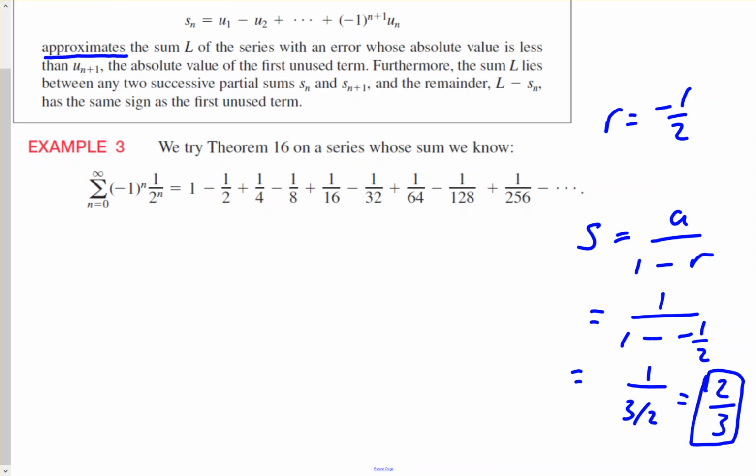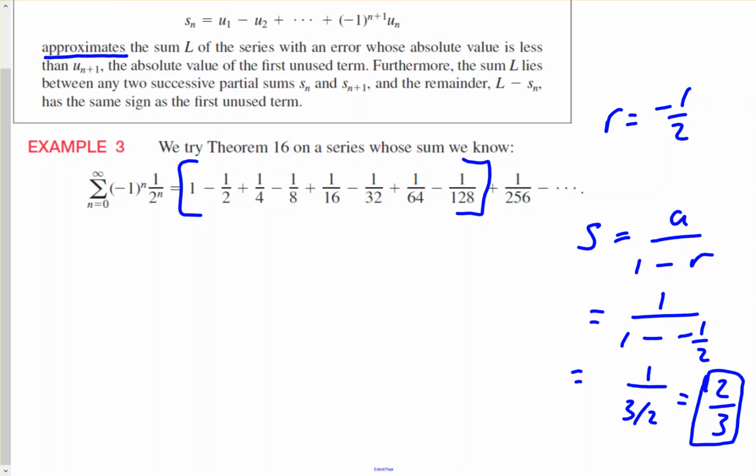Okay, so now let's say we're going to truncate. We're going to cut off the series after the 8th term, right? So we have 1, 2, 3, 4, 5, 6, 7, 8. So we're going to keep this part, and we're going to chop off the 1 over 256.